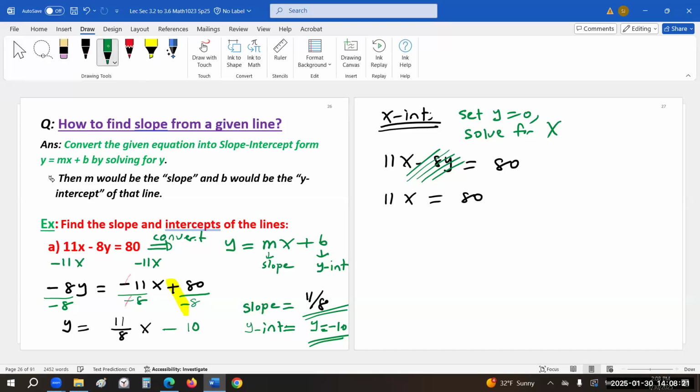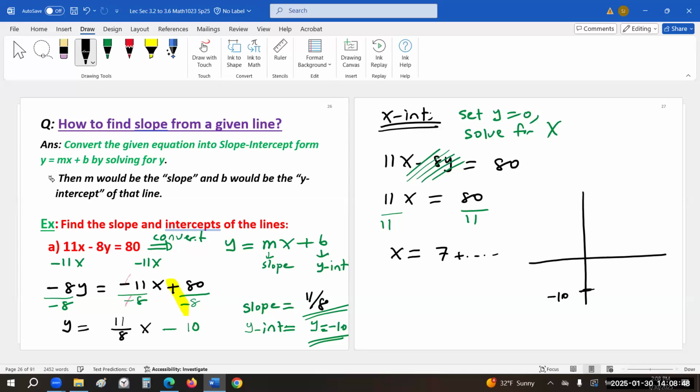And now get the x alone. Divide by 11. Can you divide evenly? No. But roughly, approximately how much do we have? 11 goes into 80 at least how many times? 7. So it's 7 plus something, right? 7 and a little bit more. So our y-intercept is -10.